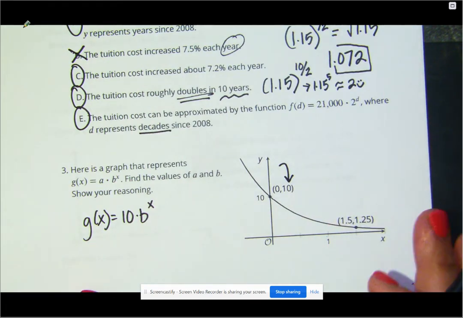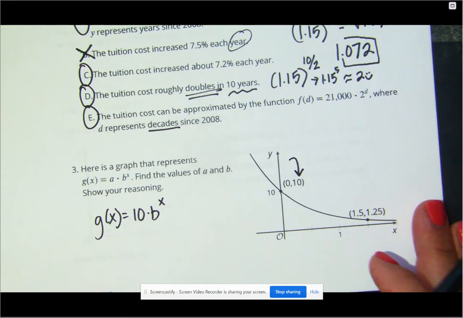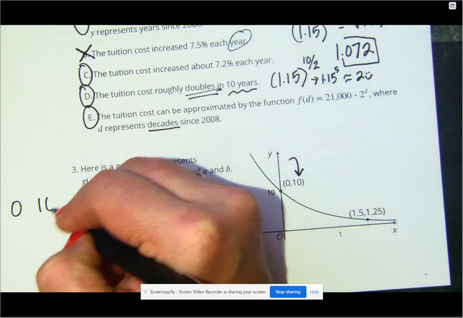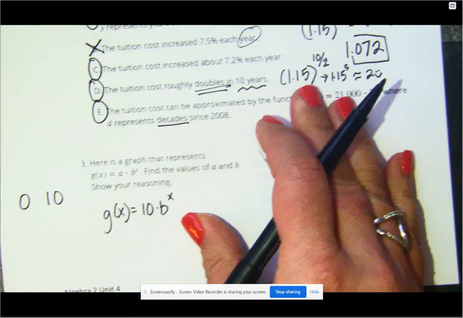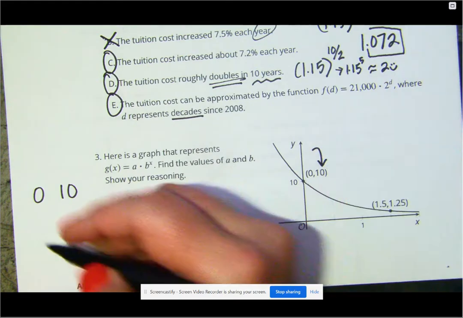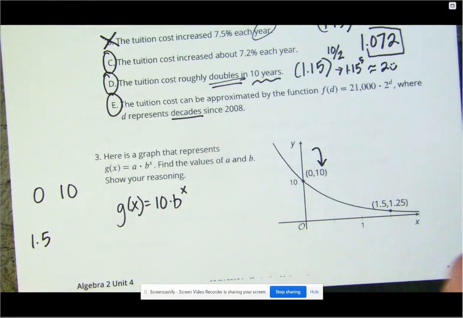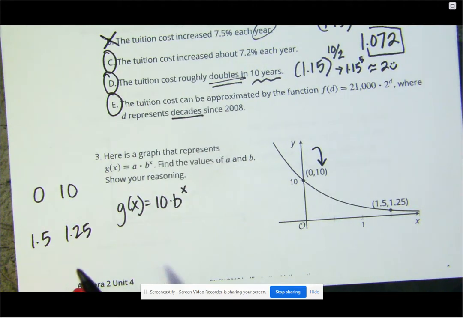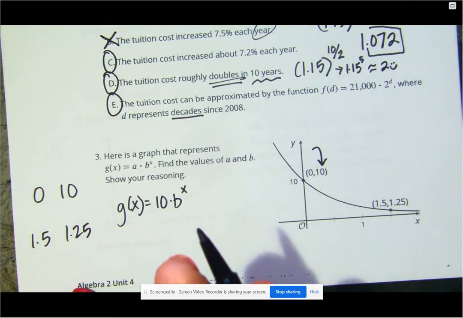Now, it might help to look at it in table form. So I'm going to go like this, 0, 10, and I'm going to leave some space in here, okay? And then 1.5, I have 1.25. Those are the only pieces of information they give me, so I have to use those.